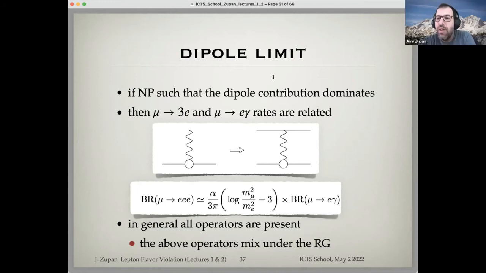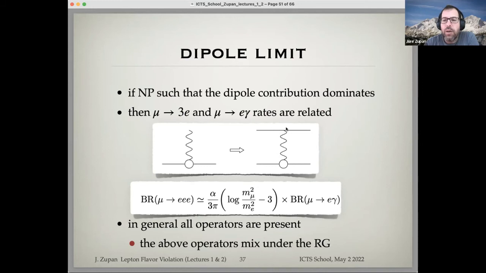All right. So I said that there's a correlation between the mu to e and mu to e e e if we say that one operator dominates this dipole. If this dipole operator dominates, then I have, let's say, the mu to e transition when you split off the photon, and then you can couple to the electron current.